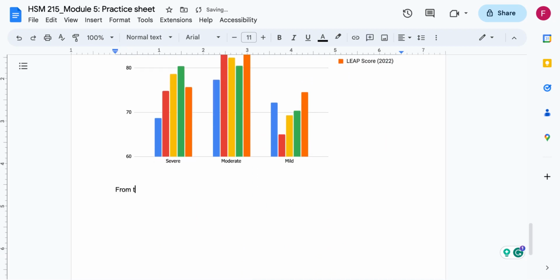Once again, from figure 3, let's use the bullet point.